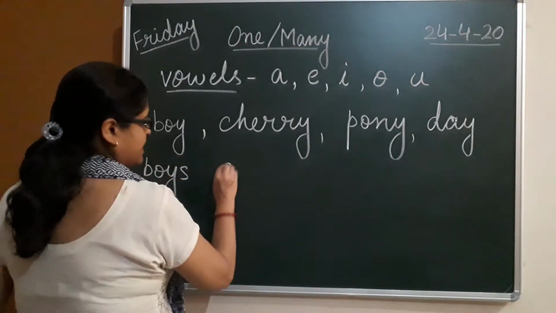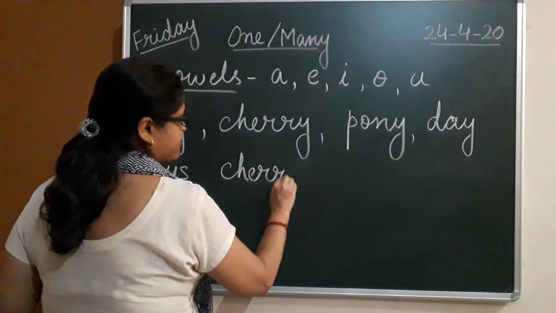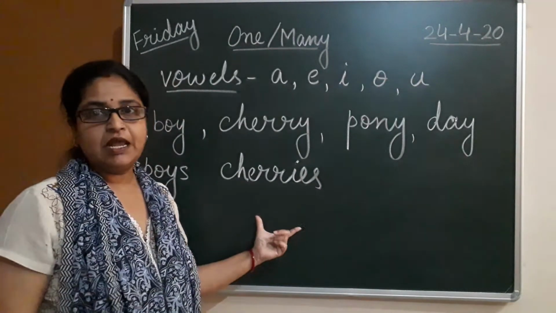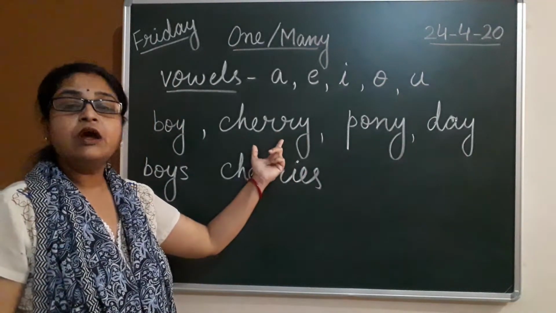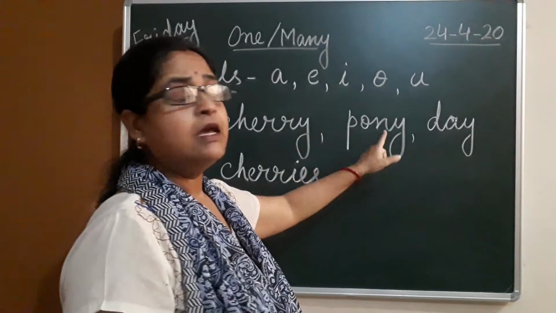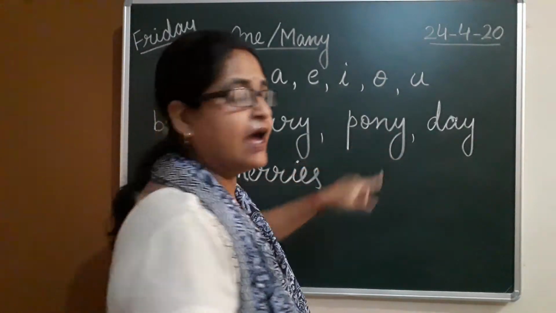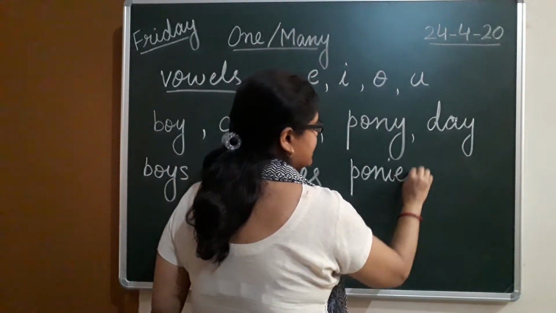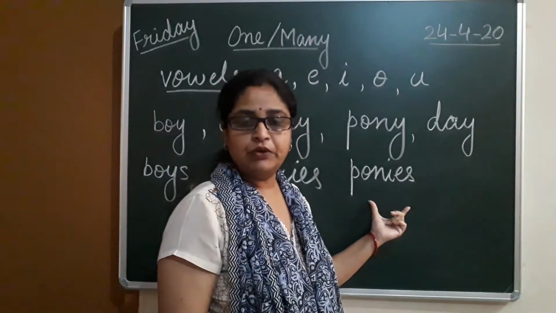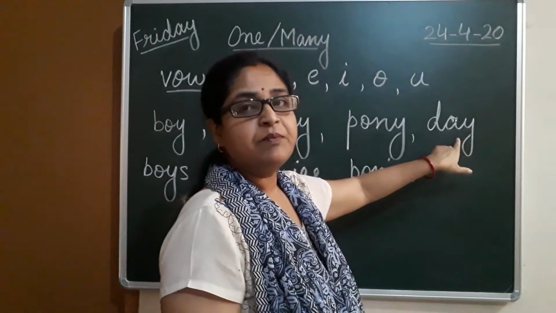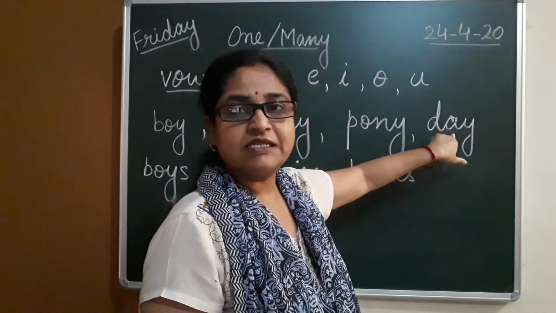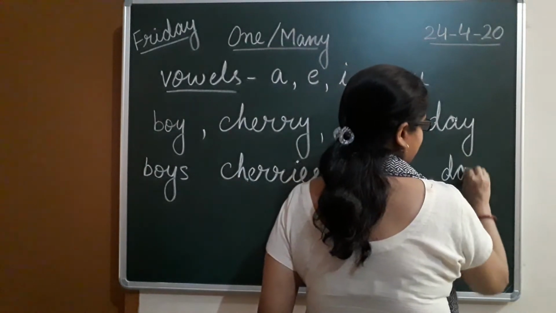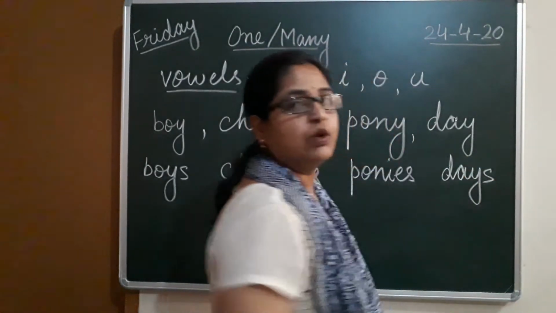So we will remove Y and put IES to make it plural, because there is a consonant before Y. Here again there is a consonant before Y, so you will remove this Y and put IES to make this word plural. And in this one, there is a vowel before Y, so here also you will just put S to make this word plural.